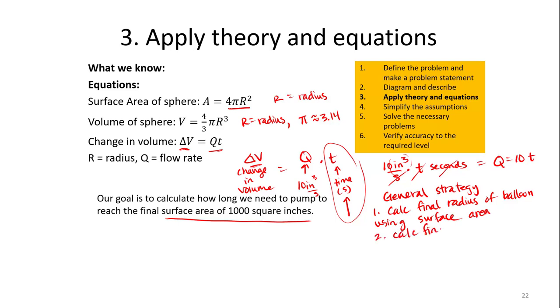Then we can determine delta V by subtracting the final minus the initial volume. Once we know how much we need to increase our volume, we can determine that delta V is equal to our flow rate, which is 10 cubic inches per second, times T, so we can solve for T.